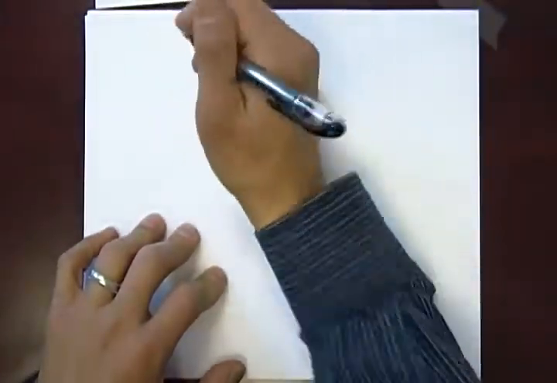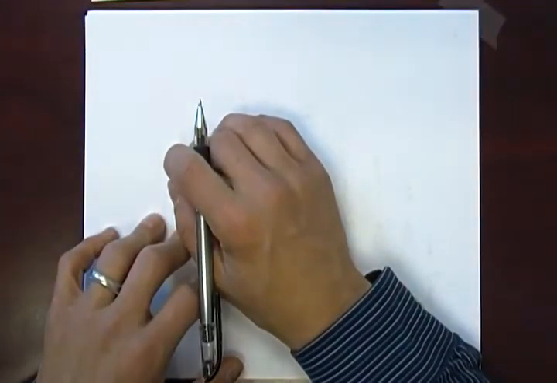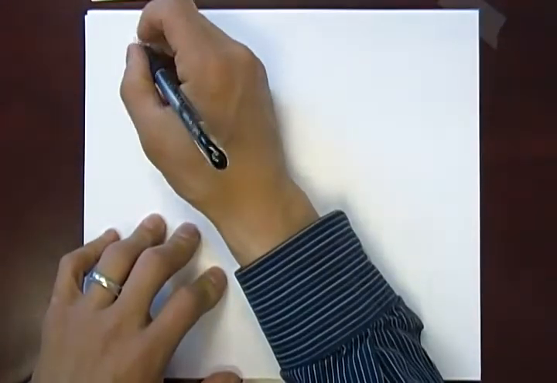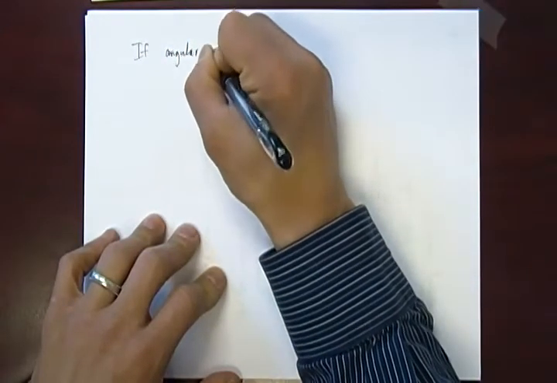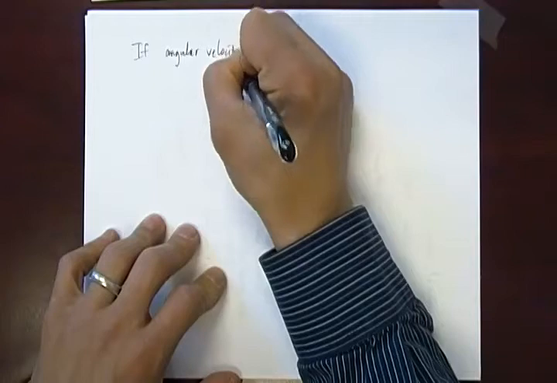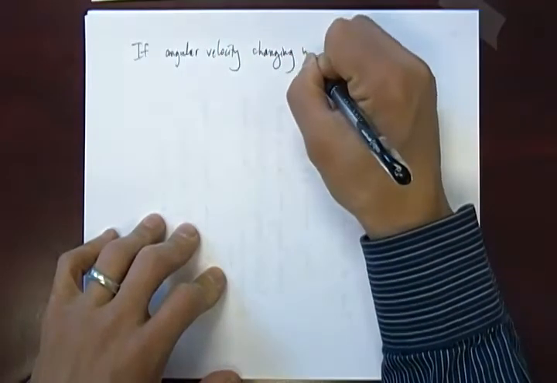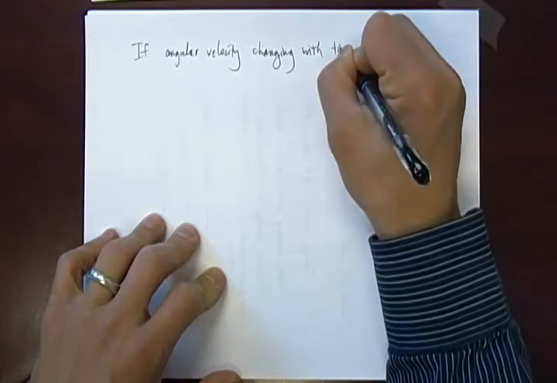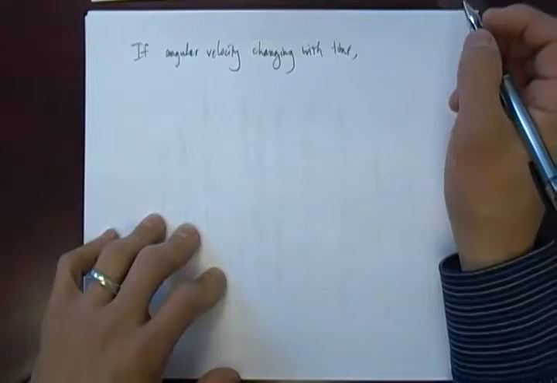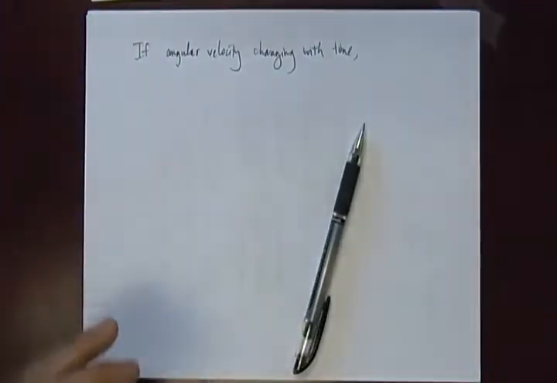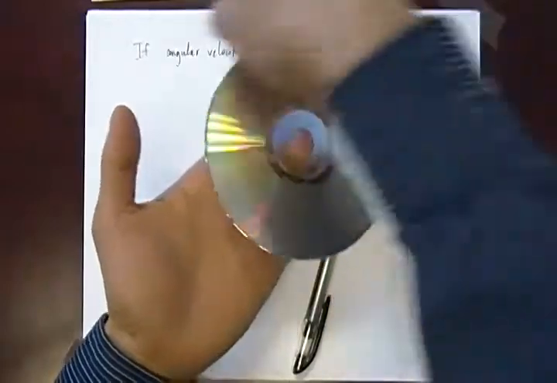Now let's consider the case where the angular velocity is changing with time. This is the case where the object is speeding up, it's getting faster.